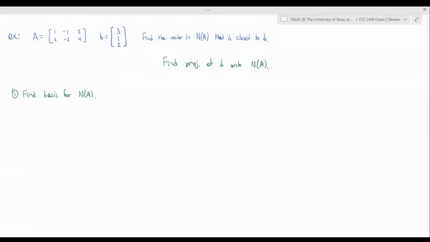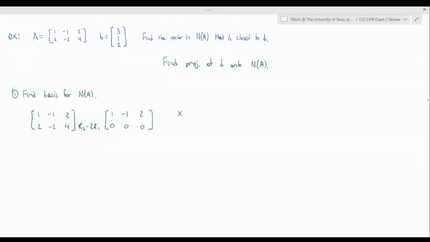So if you want to find the null space, you need to do just a little bit of elimination. I guess in this case, you can see that we actually get a row of zeros when we do that.